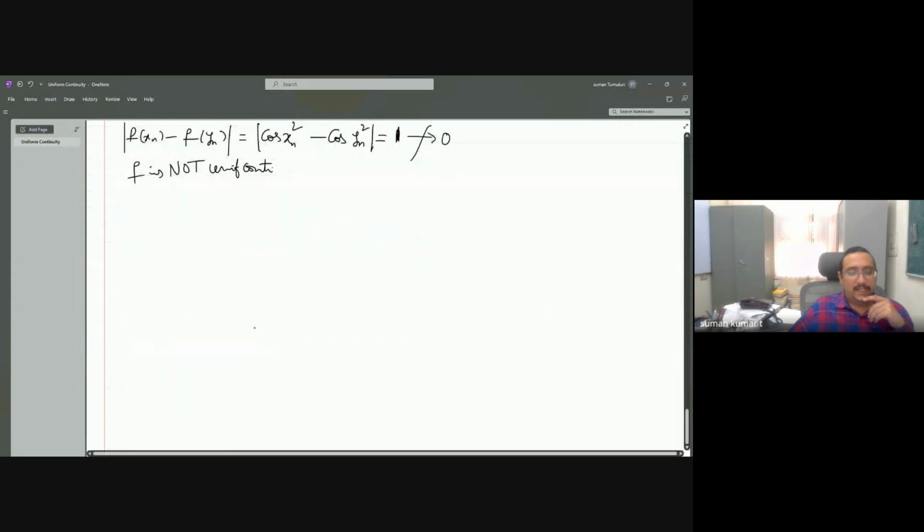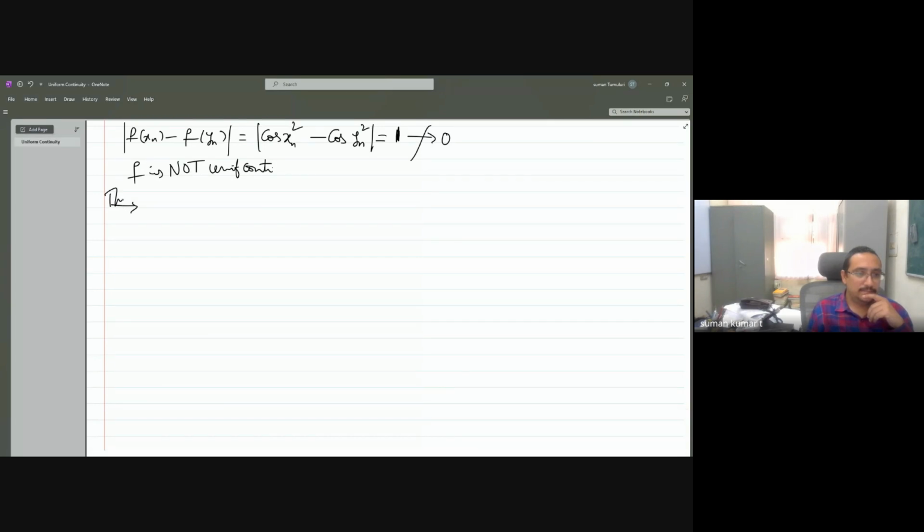Okay. I'll tell you another important result, another theorem. Suppose a function is given, defined in this way. Okay, this is continuous.